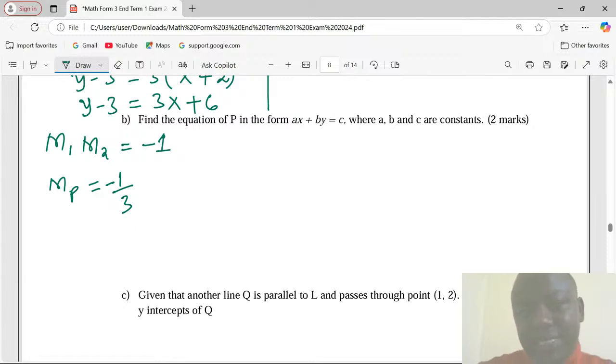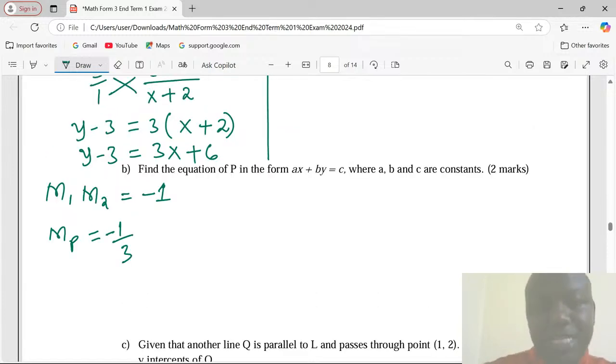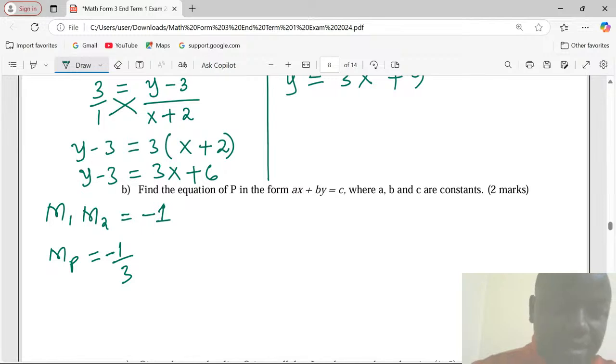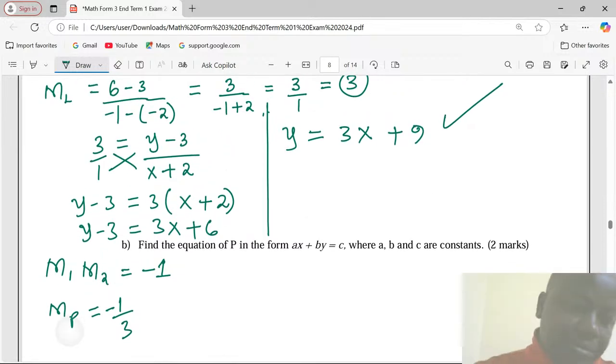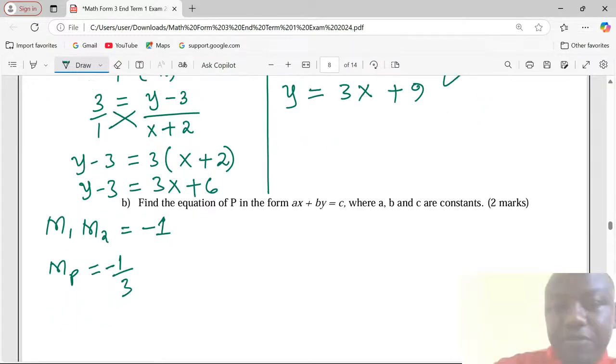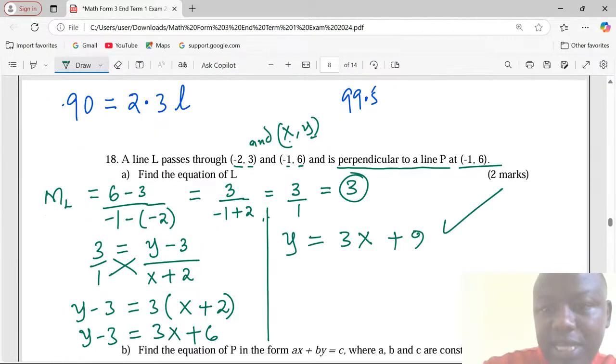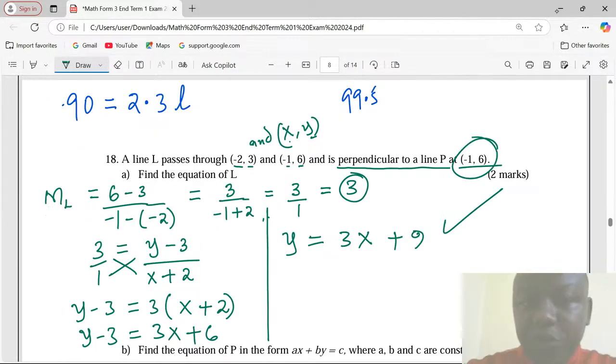Now, look at this second gradient. I made it a third, with a negative, so that when I multiply a third by 3, I get -1. Now that the two lines are perpendicular, we need to let another point be x, y, so that we get the equation by expressing this gradient.